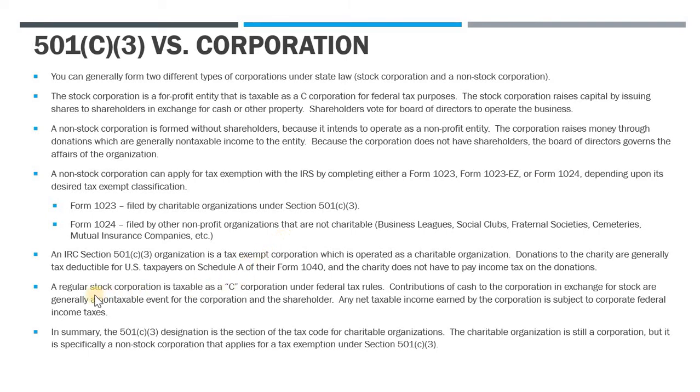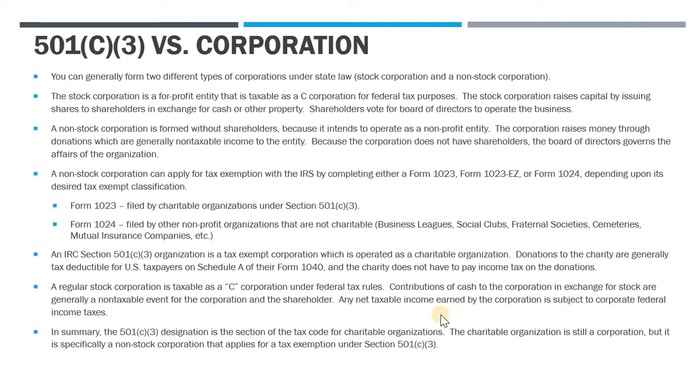Okay. Now, a regular stock corporation, like I said before, is taxable as a C corp by default. There are certain exceptions where you could make, let's say, an S corp election, but when you have a C corporation by default, contributions of cash to the corp in exchange for stock are generally a non-taxable event, so neither the corporation nor the shareholder has to recognize any kind of income or gain.